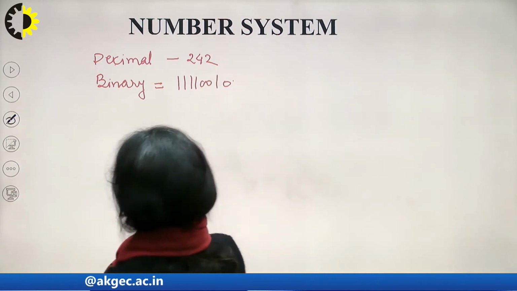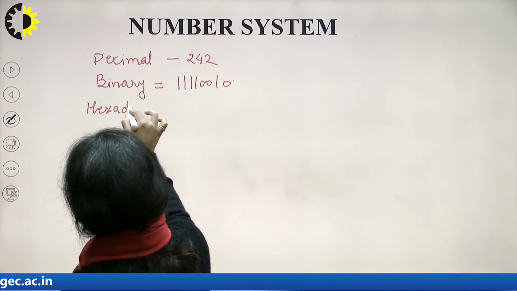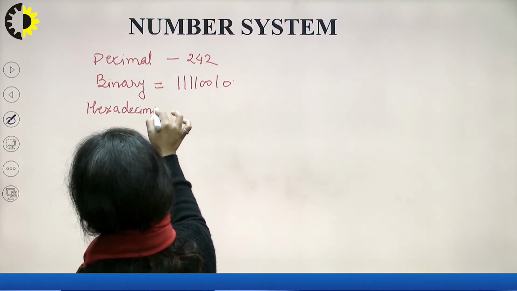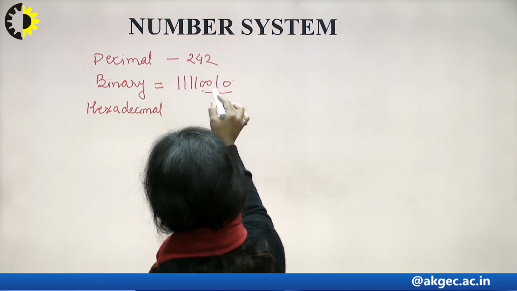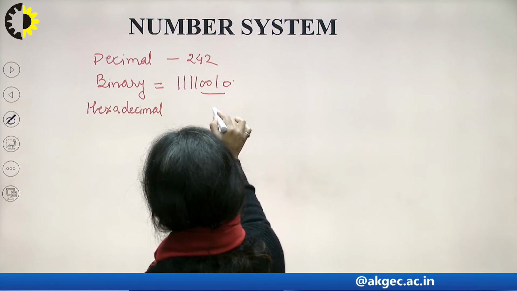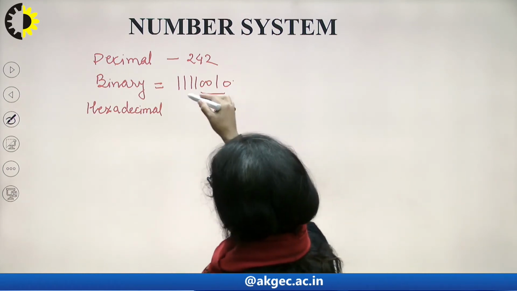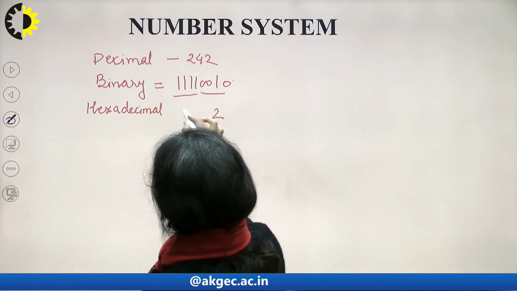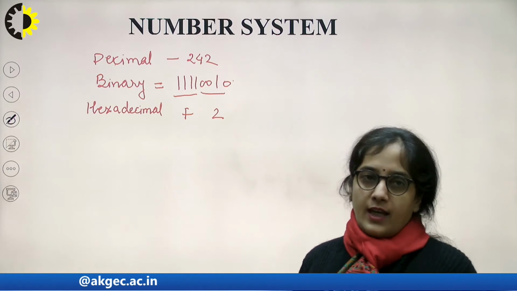Now, in case of hexadecimal, we will make a bunch of 4 bits and write it as 2, and here we will make a bunch and it will be F.